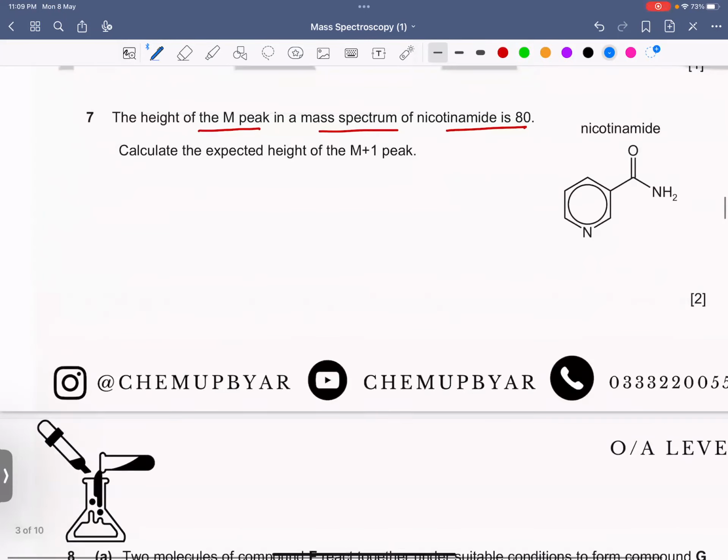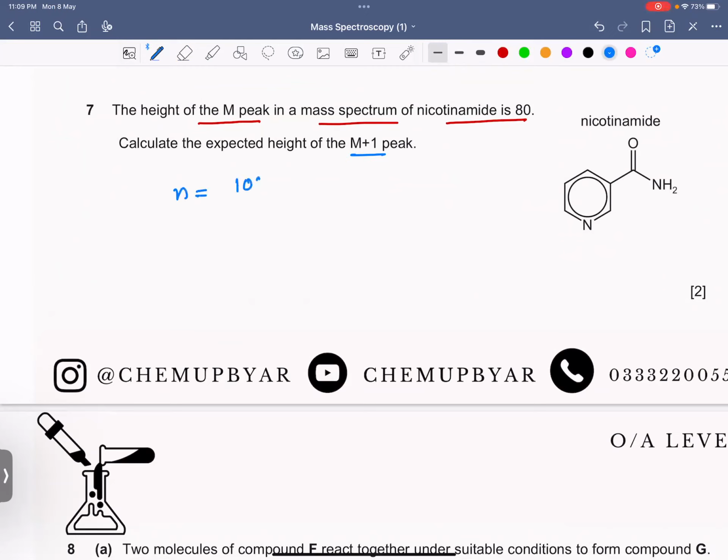The height of the M peak in the mass spectrum of nicotinamide is 80. Calculate the expected height of the M+1 peak. So we know the formula: number of carbon atoms equals 100 upon 1.1 multiplied by M+1 over M. The number of carbon atoms is 1, 2, 3, 4, 5, 6, right?